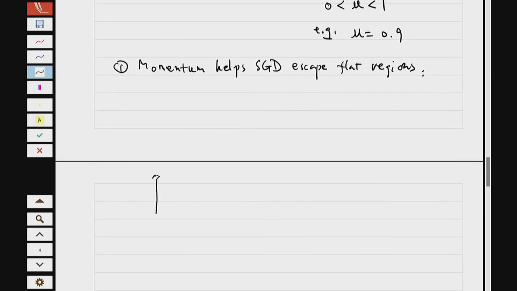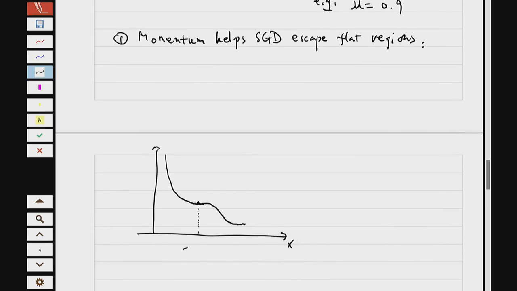One example is something like a saddle point. Let's say it's flat here, and then it goes down, like that. So around this point, which is a saddle point, clearly, at this point, gt is 0, right?